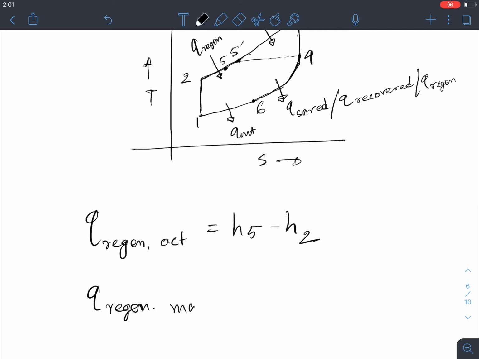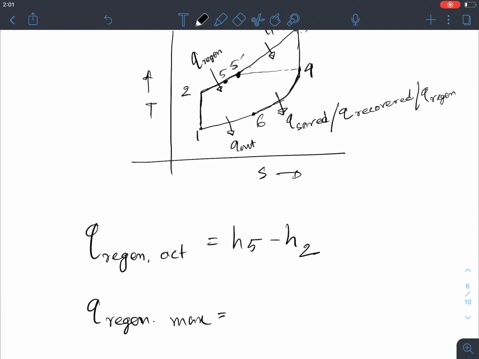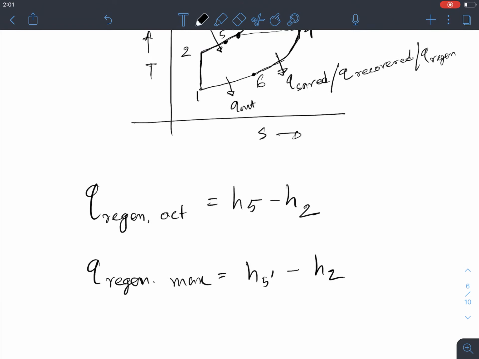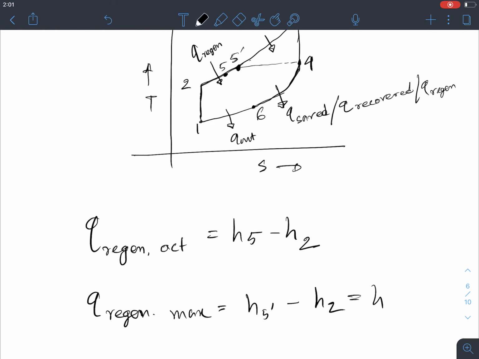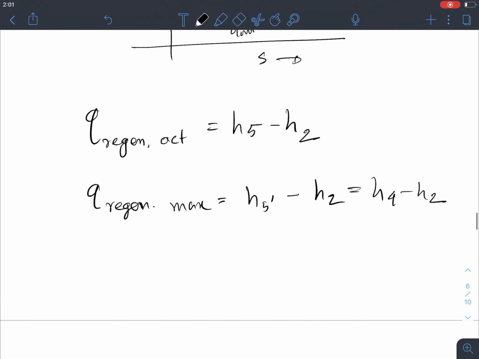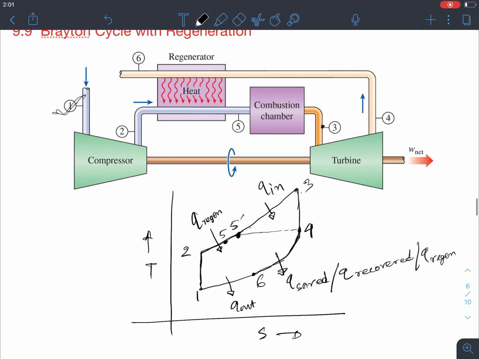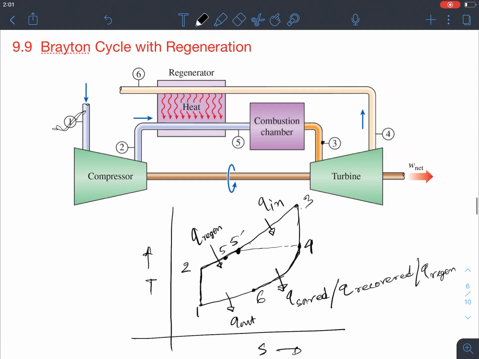And then the Q regeneration of this cycle, the maximum Q regeneration, is equal to H5 prime minus H2. So H5 prime, which is nothing but H4, we can see that at the same point, H4 minus H2.